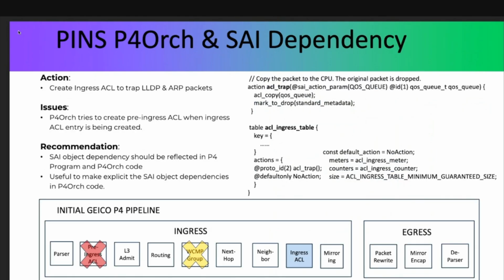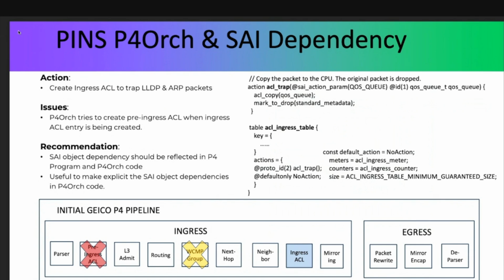The initial GEICO pipeline that we're targeting is basically to do routing and the ingress ACL. So we've taken the already upstreamed P4 pipeline and PINS and worked with that as much as possible. The initial thing we wanted to do was routing, which we didn't really have much of an issue with. The pipeline you see here is the upstream pipeline.